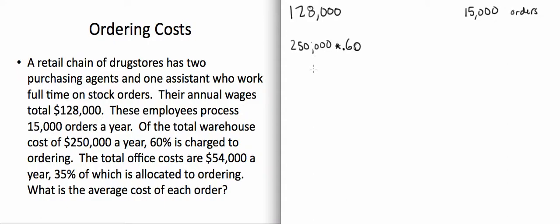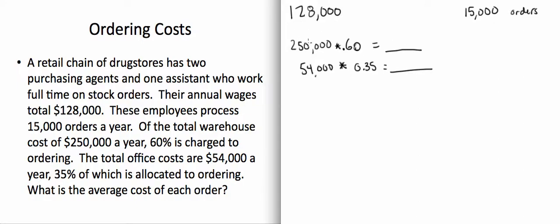And then the total office costs are $54,000, of which 35% is allocated for ordering. So we've got $54,000, and we're going to multiply that by 35%, or 0.35.